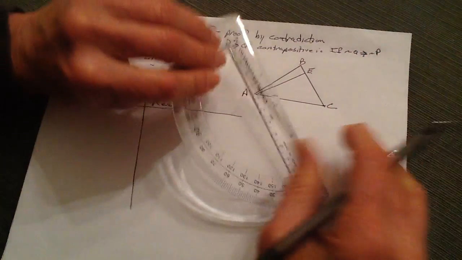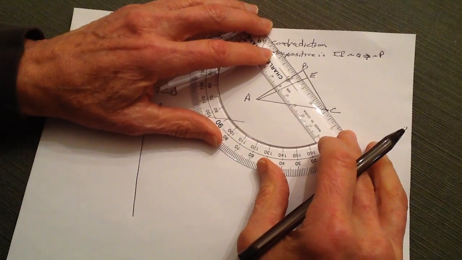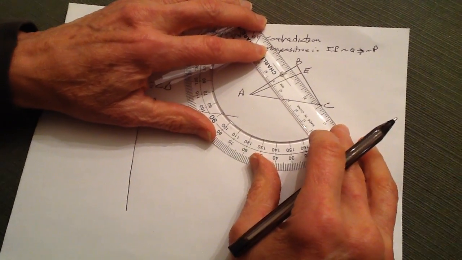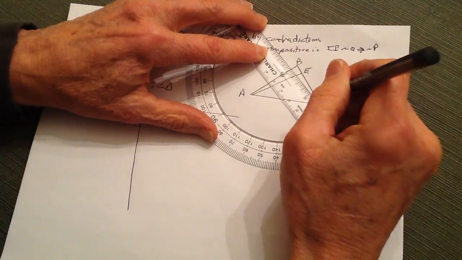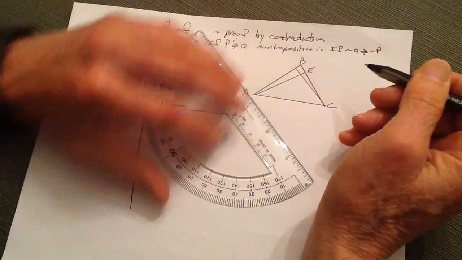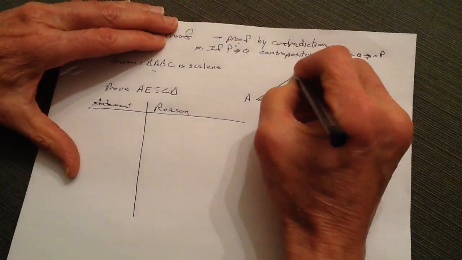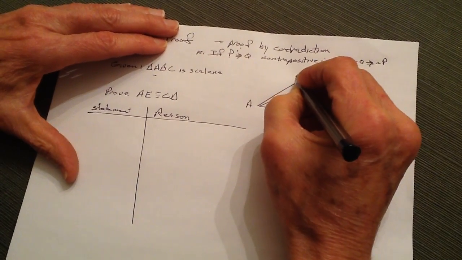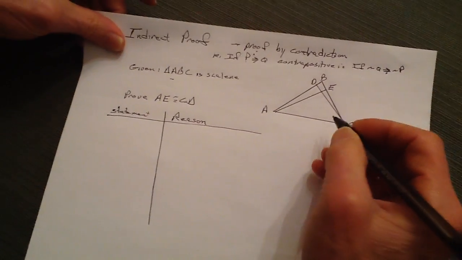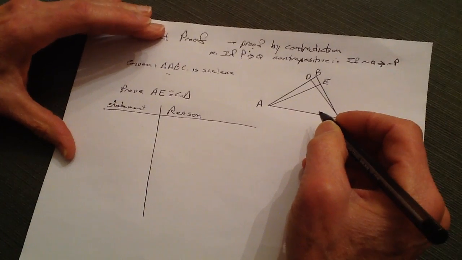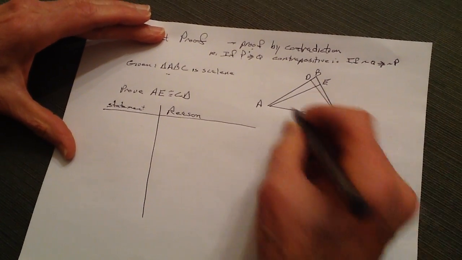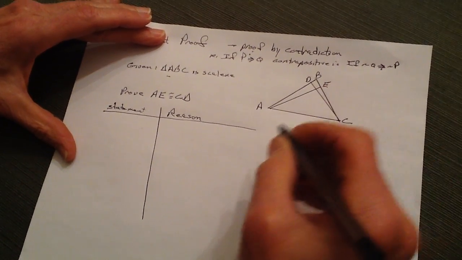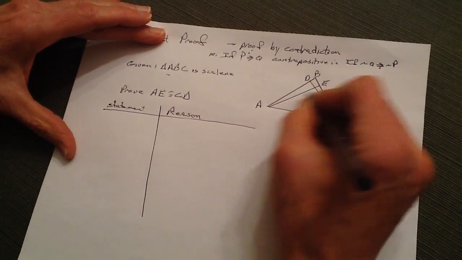And then I've got D over here. It looks like about a 90-degree angle, comes right up about there, and we'll call that D.